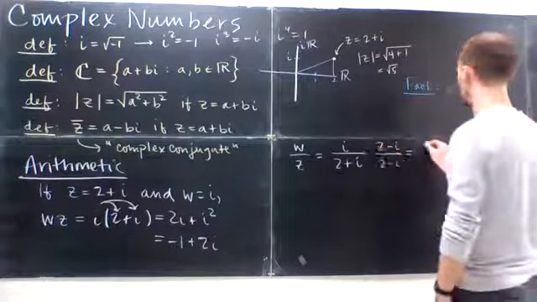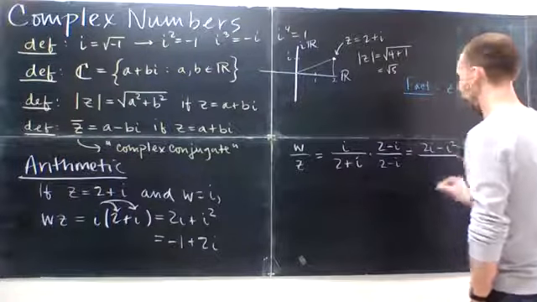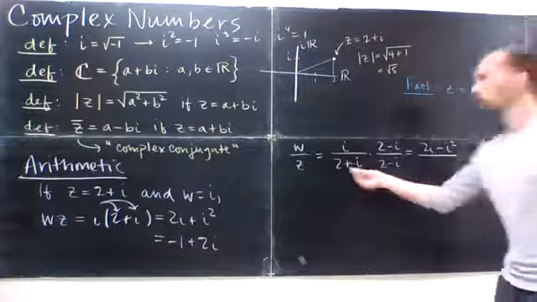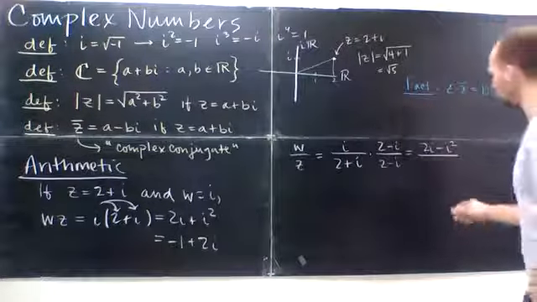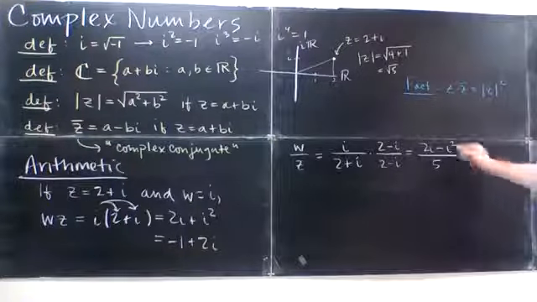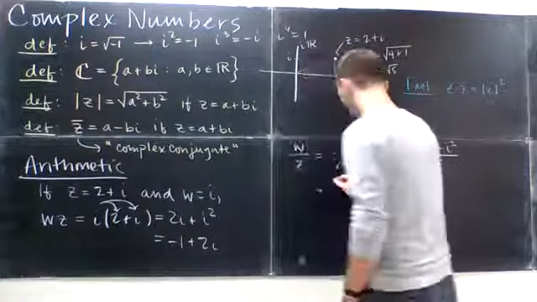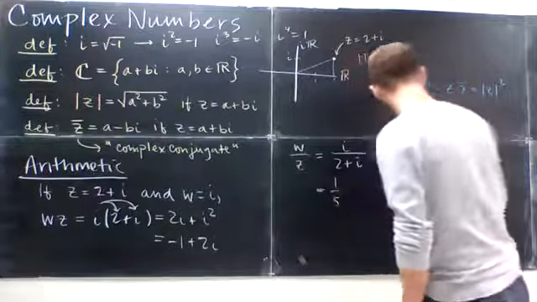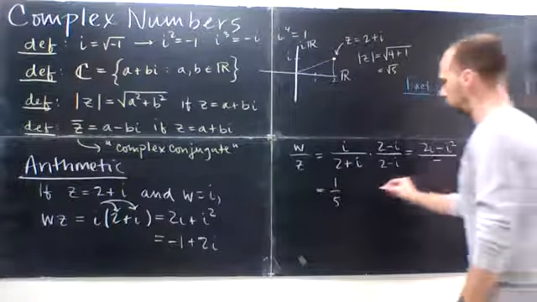It's going to be 2i minus i squared divided by, what's going on here? 2 plus i times 2 minus i, that's the length of z squared. I already know the length of z is square root of 5, so squared, that'll be 5. Negative i squared is 1. So this is equal to 1/5 plus 2/5 i.